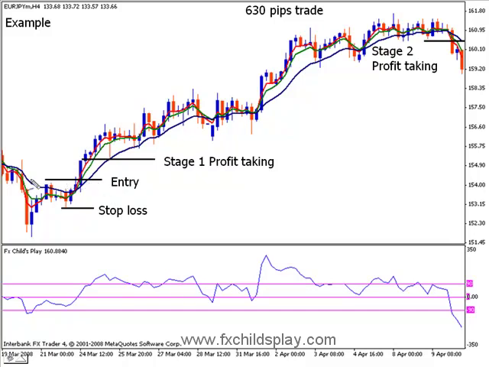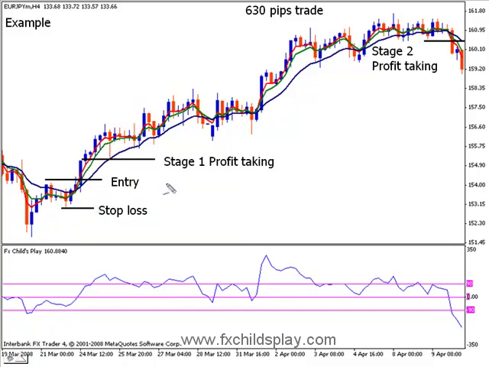Our entry happened to be here on this horizontal line. As you can see, the FX chart display indicator was crossing 90 and the moving averages were crossing up. We have a confirmation on the daily, this 4-hour time frame. Stop loss was about 120 pips.